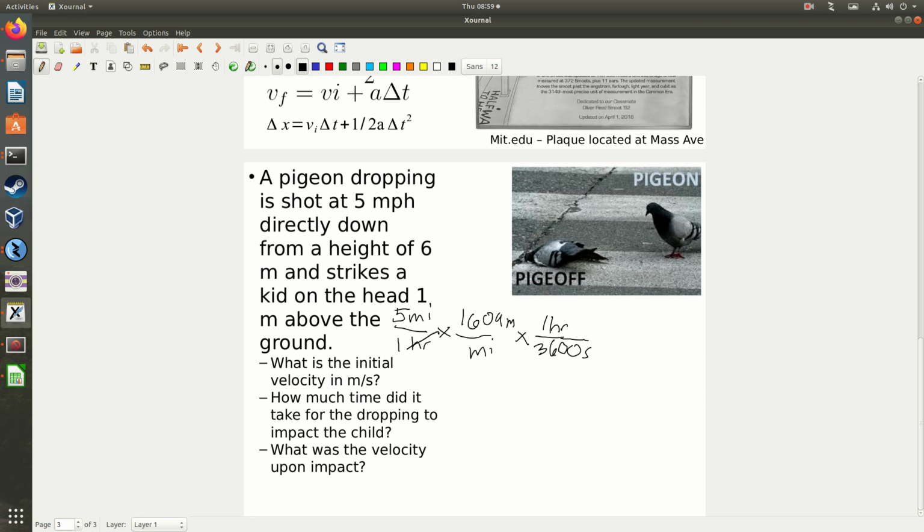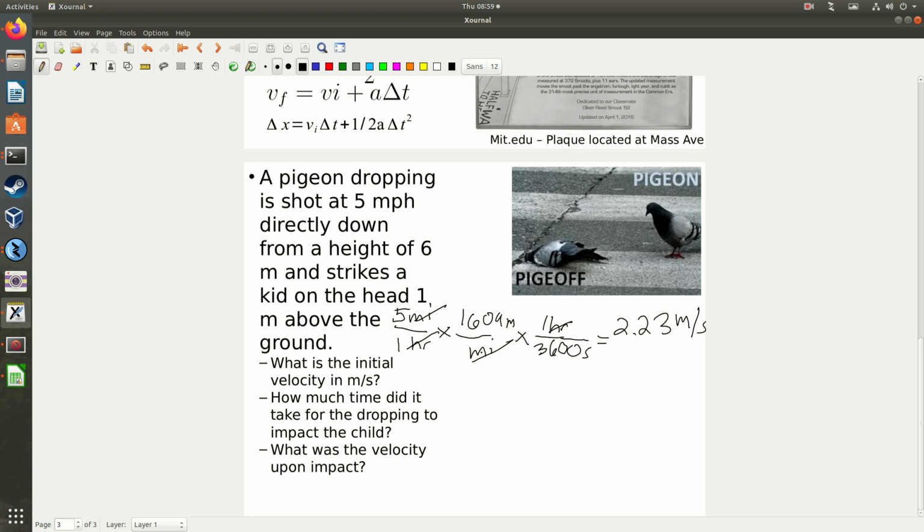So hours, as you notice, cancels out. And miles cancels out. That leaves you with meters over a second. And I have a calculator here. So 5 times 1609 divided by 3,600 is going to be 2.23 meters a second. So let me write that here, 2.23 meters a second. So that's my initial velocity.